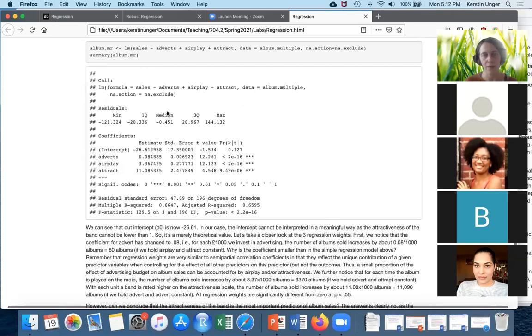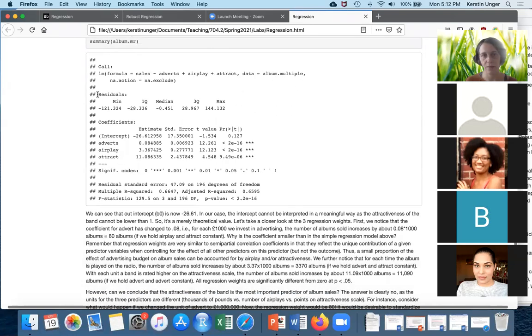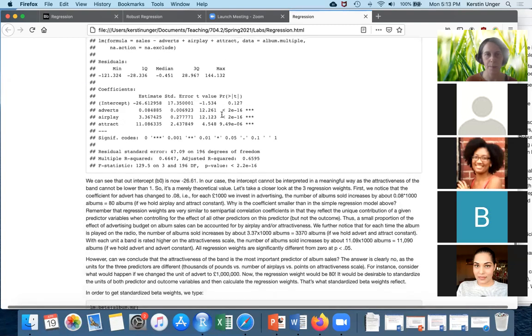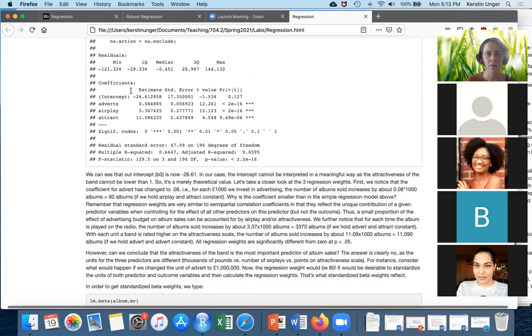So we get our formula here, and the residual statistics: the minimum, maximum, median, and the first and third quartile. It all looks pretty good, nice and symmetric, nothing unusual here. Our coefficients are just a larger matrix now. Instead of only the intercept and the slope for advertisement, we have the coefficients and all the statistics for our other two predictors.